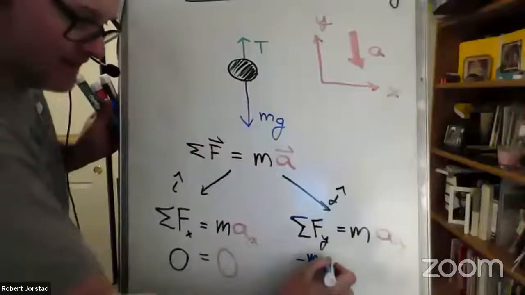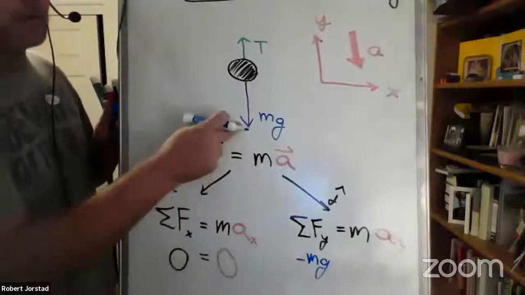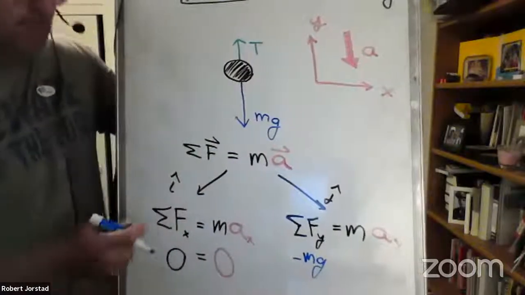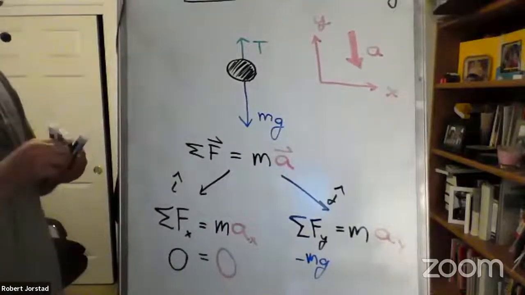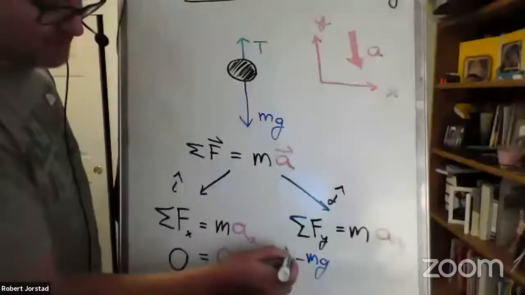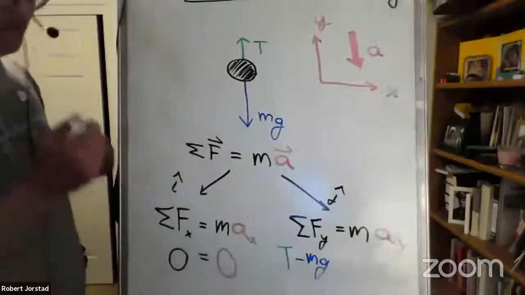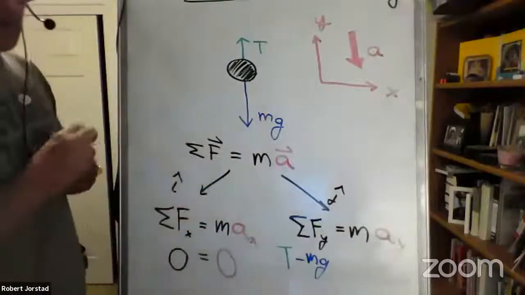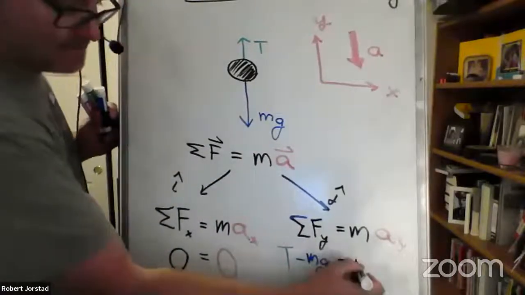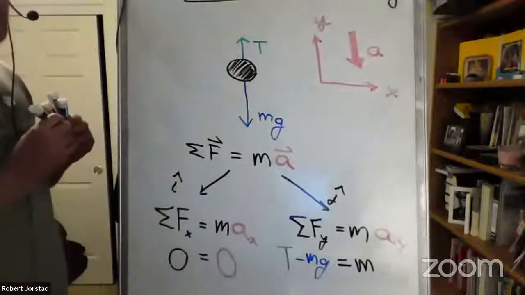So I would write negative mg. The negative comes from the arrowhead being opposite. You know what I'm saying? What's the other force? Tension. Tension, positive or negative? Positive. And I'm just going to sneak it in right here so it fits better. The order doesn't matter. So now all that's equal to mass. Now what do I write for the acceleration?